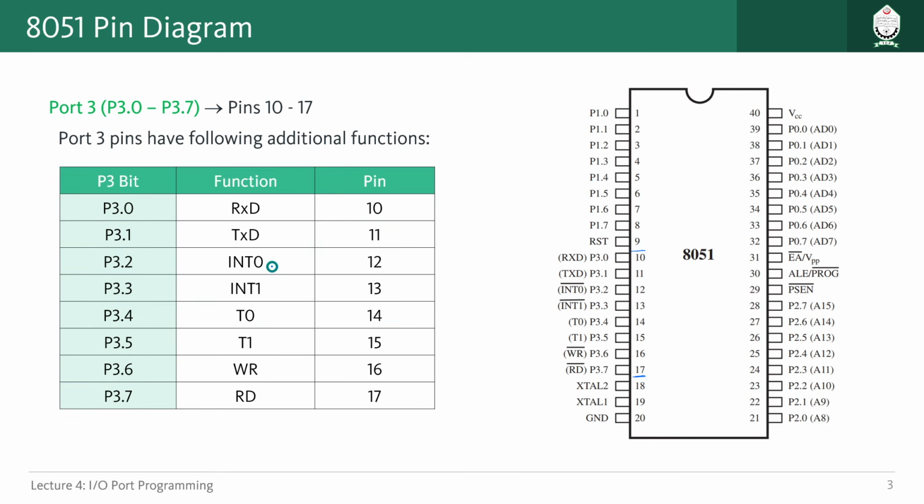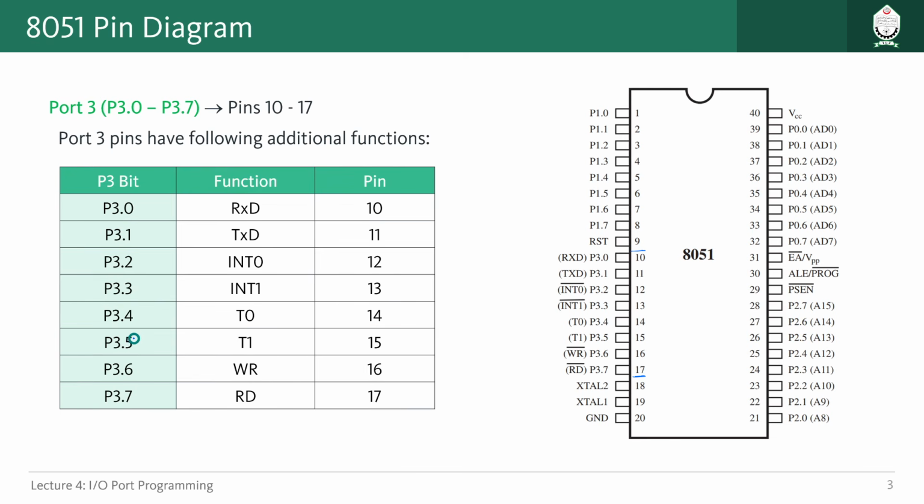As you can see, 3.0 and 3.1 are for serial communication, RxD and TxD, and 3.2 and 3.3 are interrupt pins. Serial communication and interrupts will be discussed later in future chapters in detail.